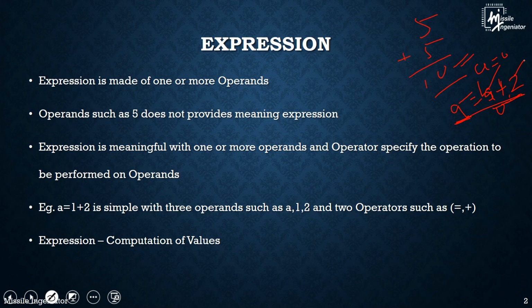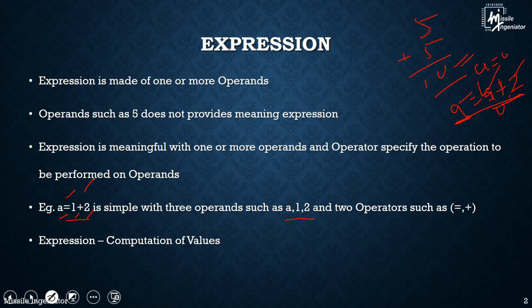If you are doing only a simple thing like a = 1 + 2, here a, 1 and 2, these three are our operands, and then we have two operators. One is the equal operator and the other is plus.